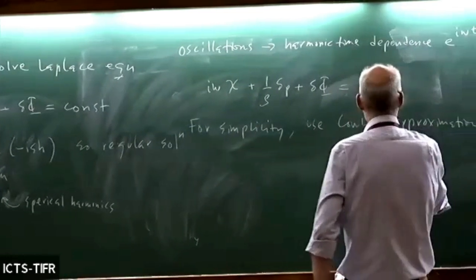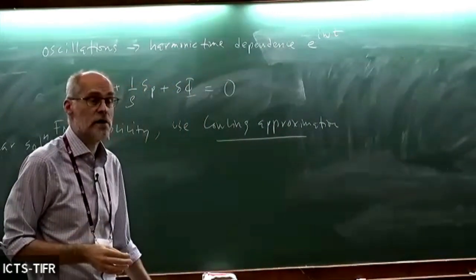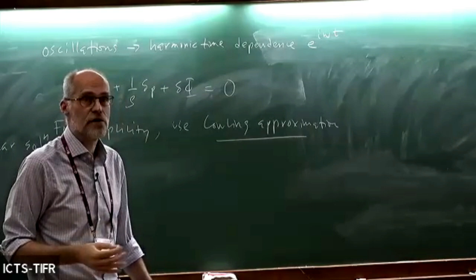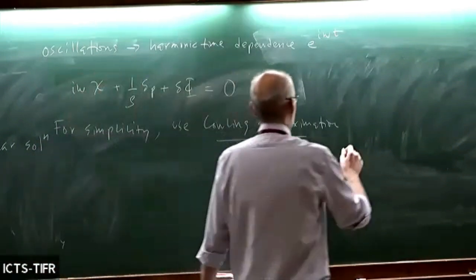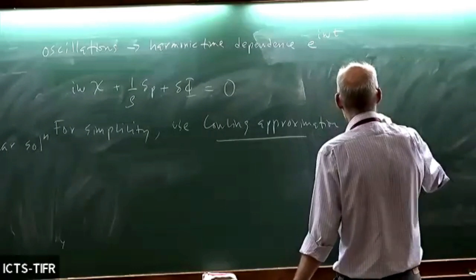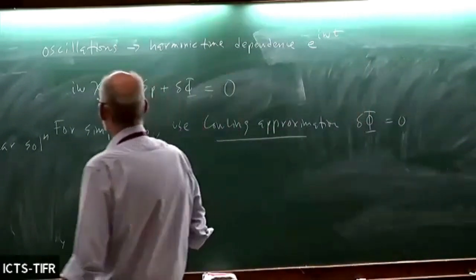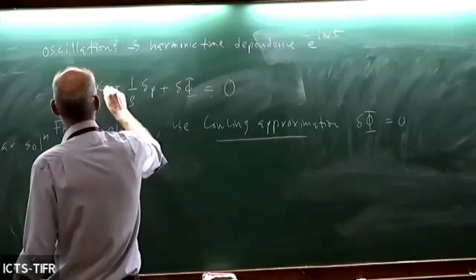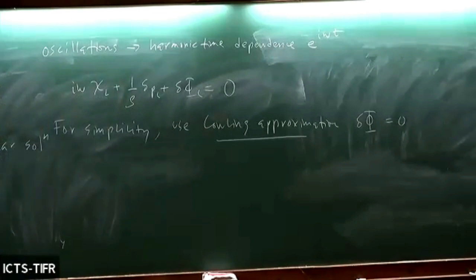I'm going to make use of something that's generally called a Cowling approximation from a guy called Thomas Cowling, who worked on solar physics and ocean waves and things like that. And that's simply saying that delta phi is 0. Actually, maybe I could put some L's on these just to see that they're different from that. That's basically these guys here, chi_L. That sort of thing, okay?